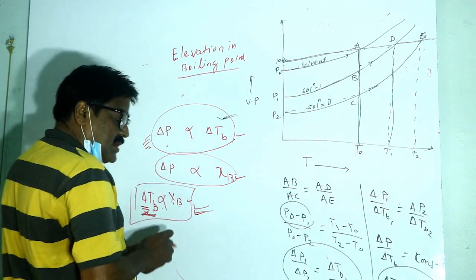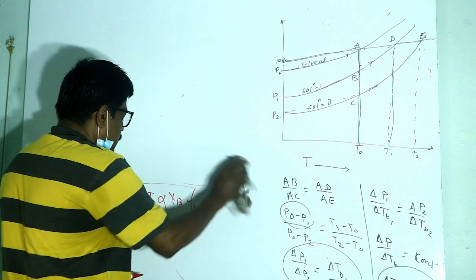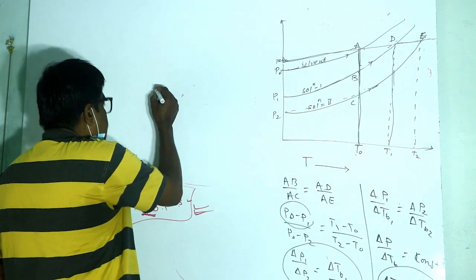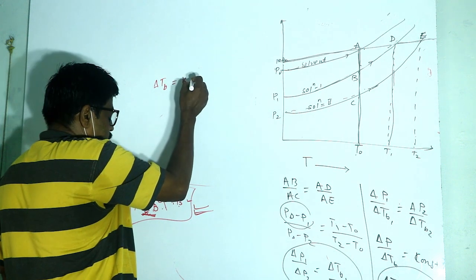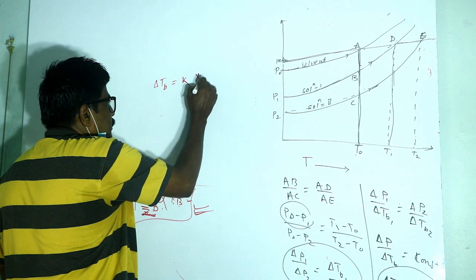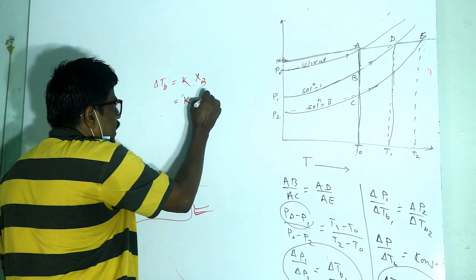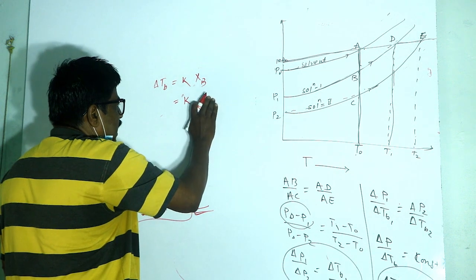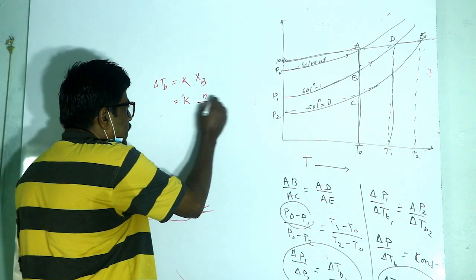Let's say here we can write del TB is equal to K, one constant, times XB, and here XB can be related as n by n plus N, with small n for the solute and capital N for the solvent.